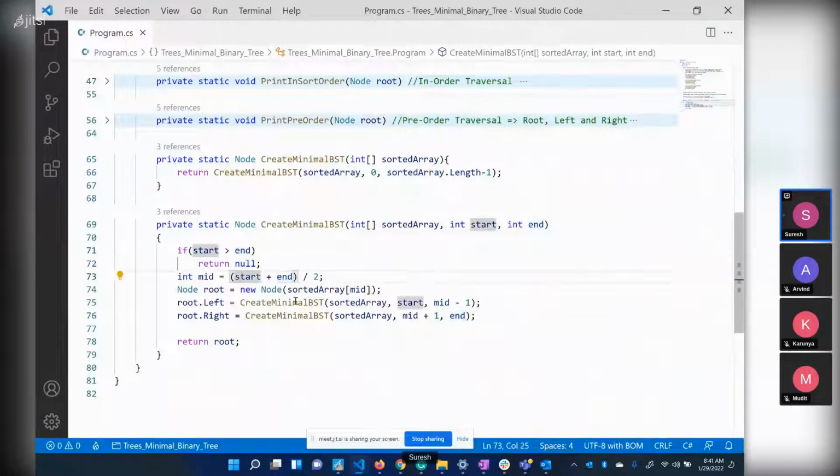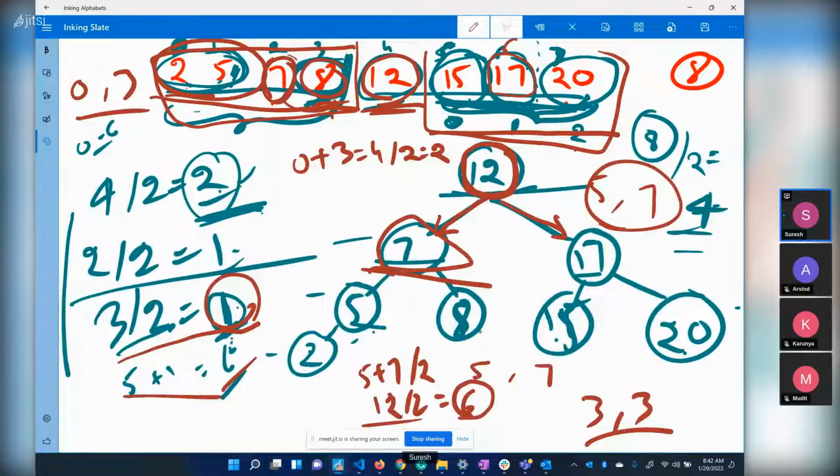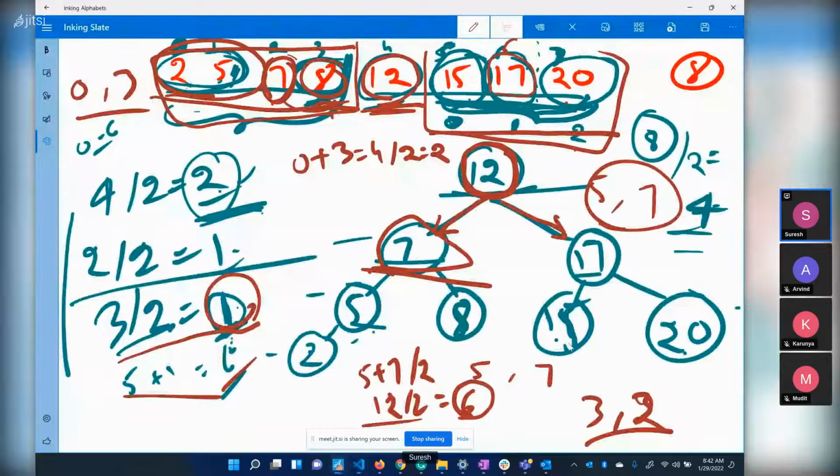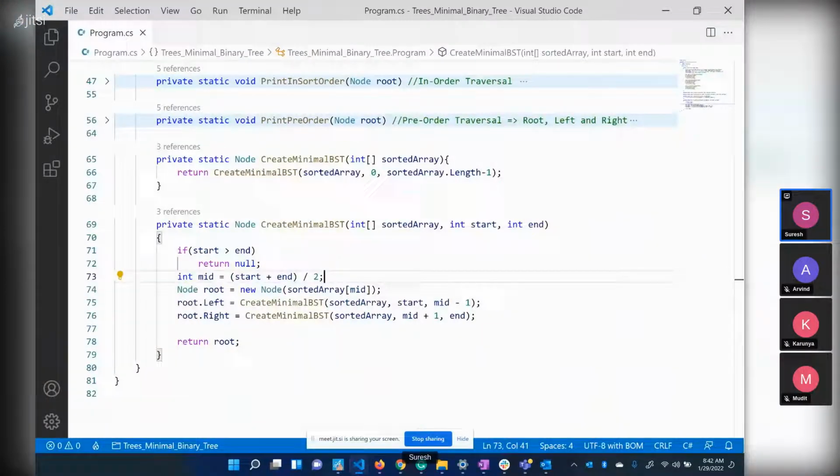No. Then it will do the mid value. It will create it. Start is 3, end is 3, and mid value becomes 3 plus 3 by 2, which is 3, right?